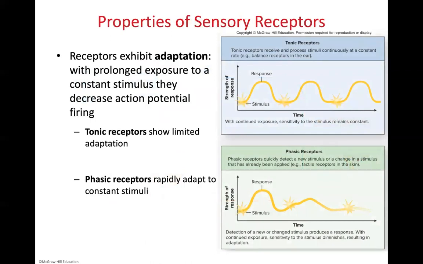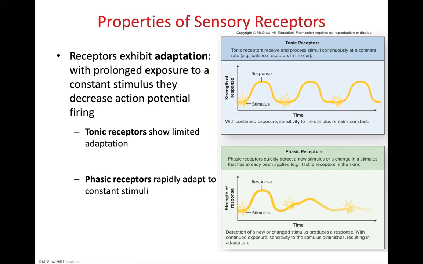Some properties of sensory receptors. Receptors exhibit this phenomenon called adaptation. And adaptation means that with prolonged exposure to a constant stimulus, they tend to decrease the firing of action potentials. They decrease the rate at which they're stimulating sensory neurons. Tonic receptors are those that show really limited adaptation.